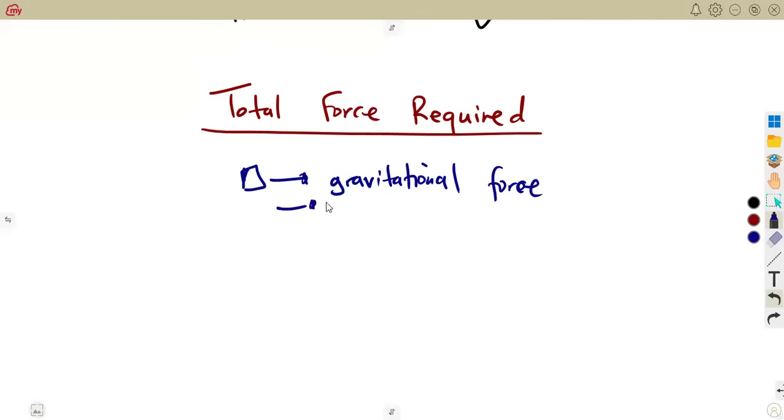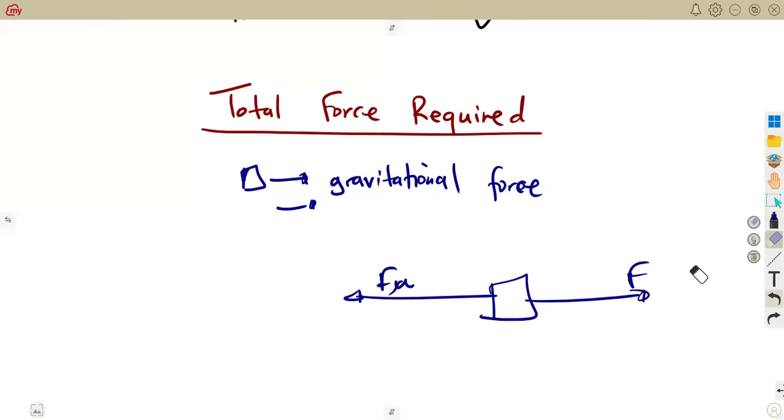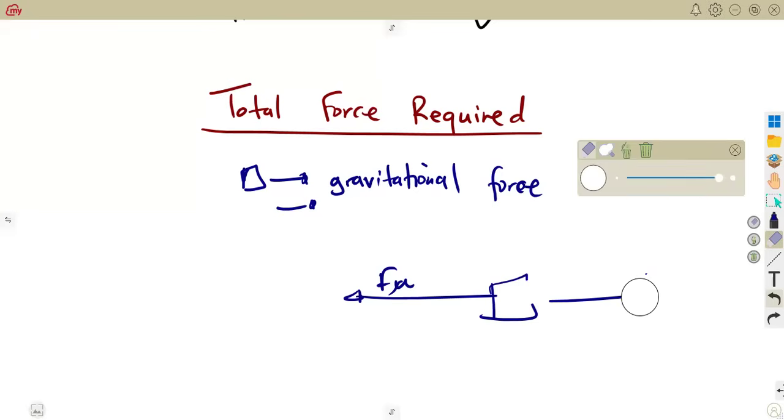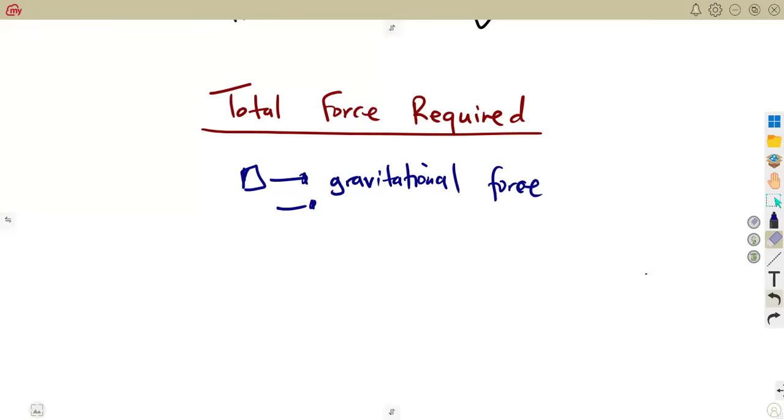The object can be affected by the frictional force: as the object tries to move this side, the other side is opposed by the frictional force, or the rolling resistance.